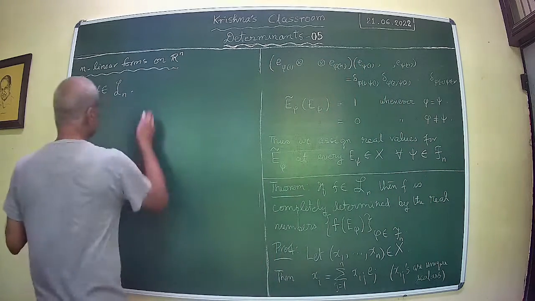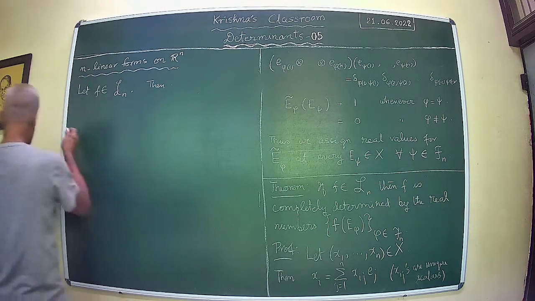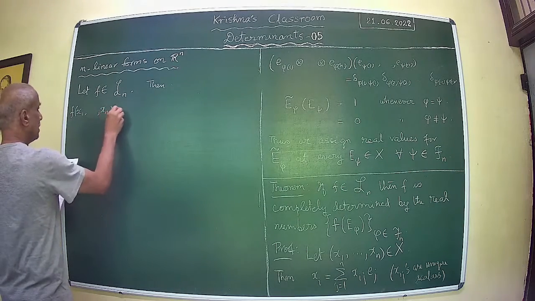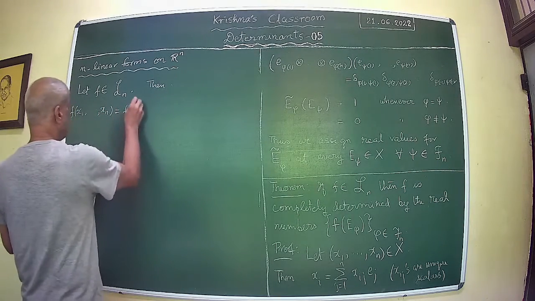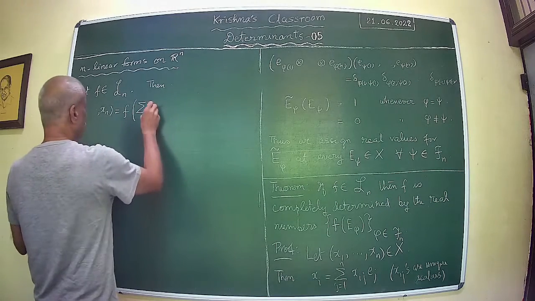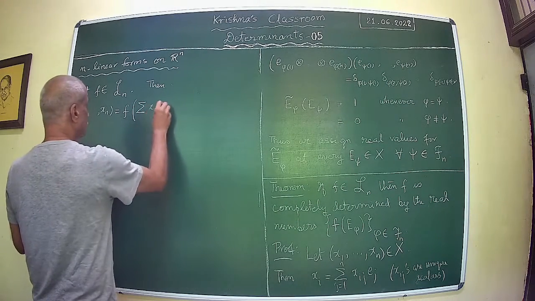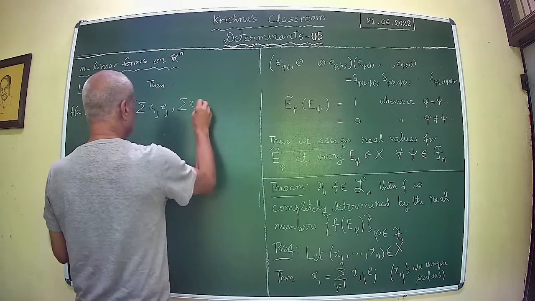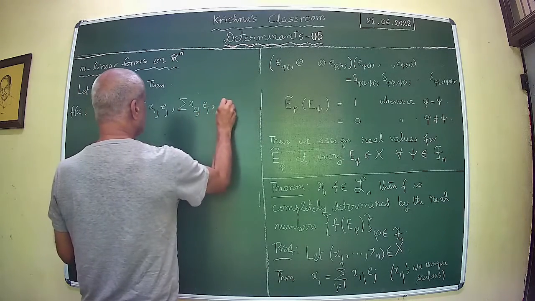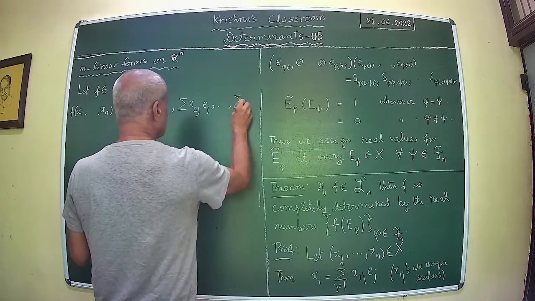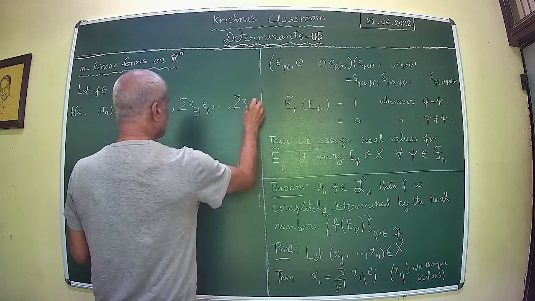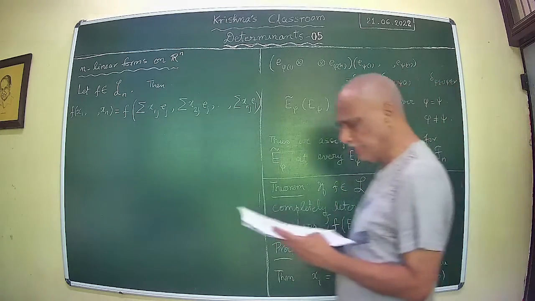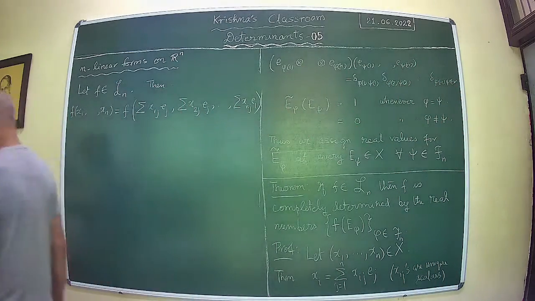Then we have f of (x1, ..., xn) equal to f of (sigma x1j ej, ..., sigma xnj ej). Now let us use the n-linearity.